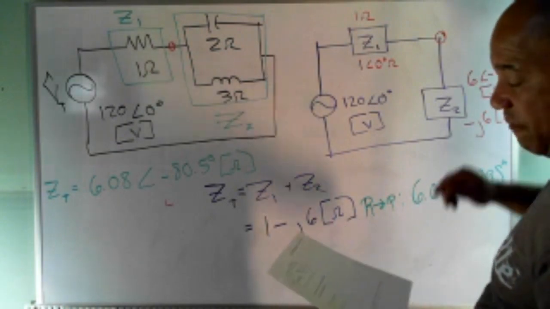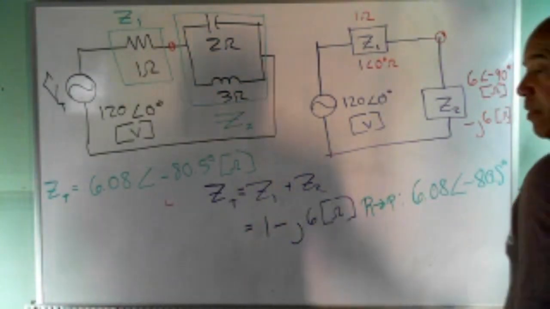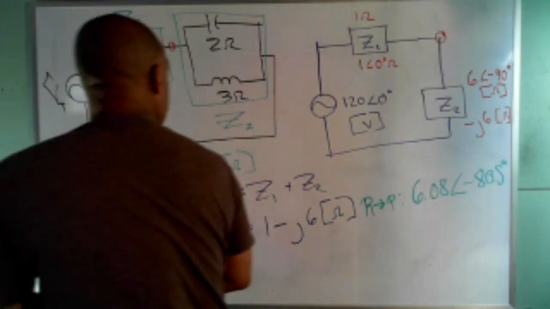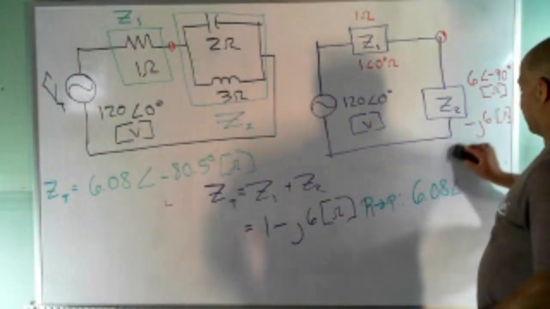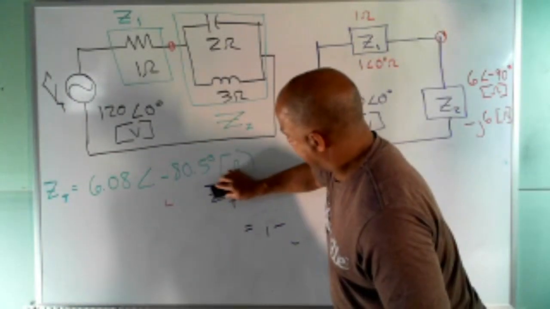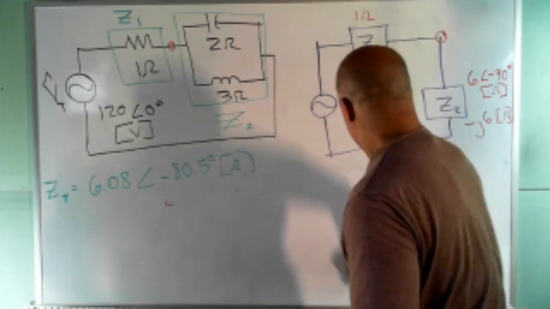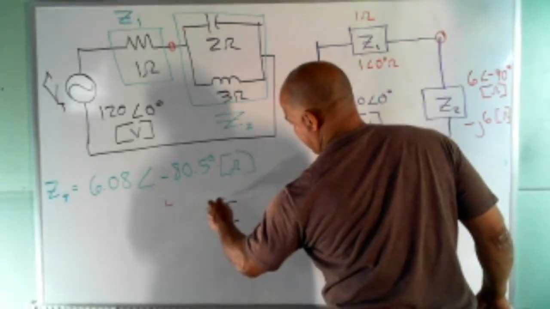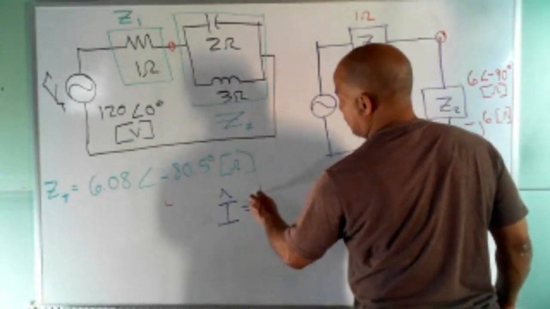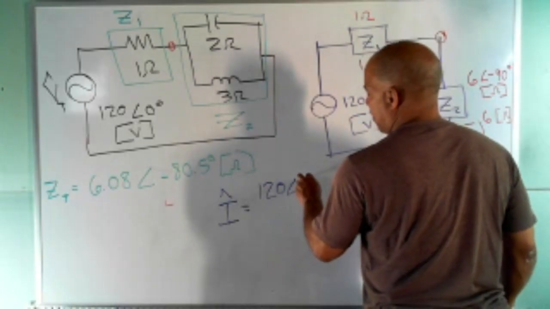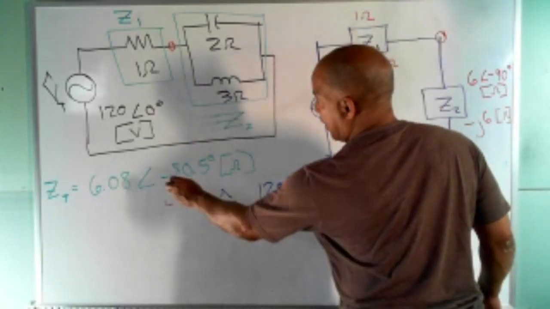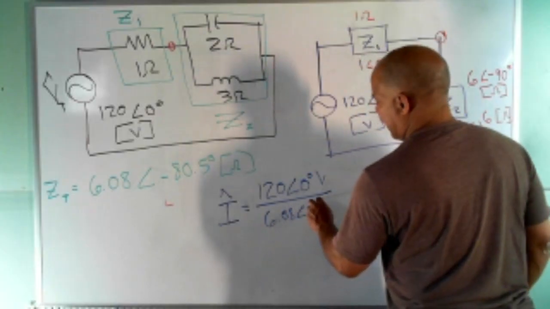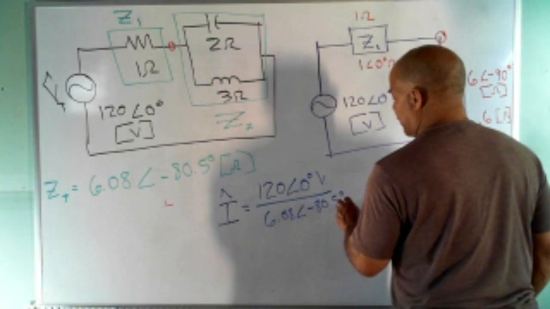Number 3, find the total current. Well, we made it really simple now. We've got the total impedance, so I'm going to find the total current using Ohm's law. My current phasor is equal to my voltage phasor, which is 120 angle 0, divided by my impedance, which is 6.08 angle minus 80.5 degrees.